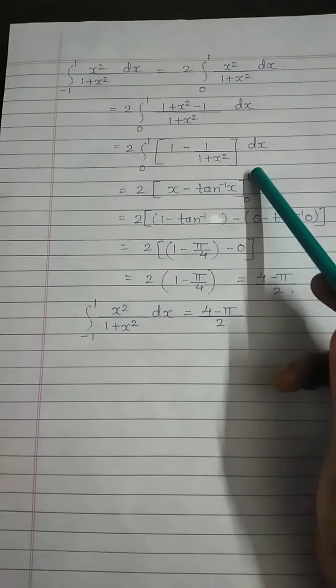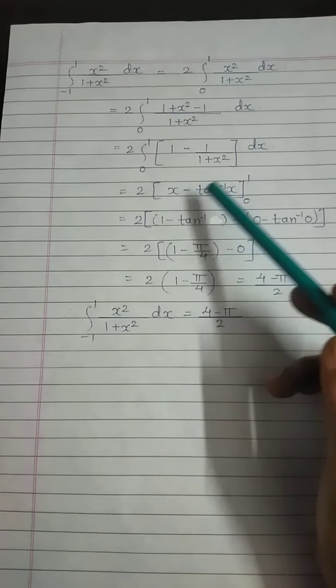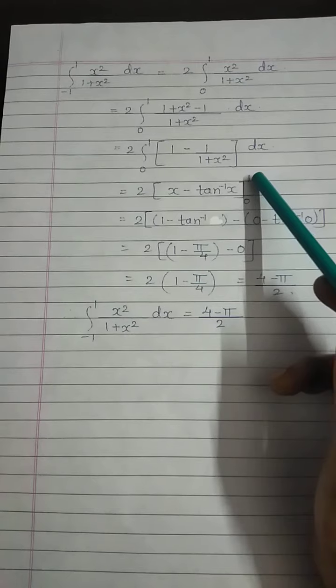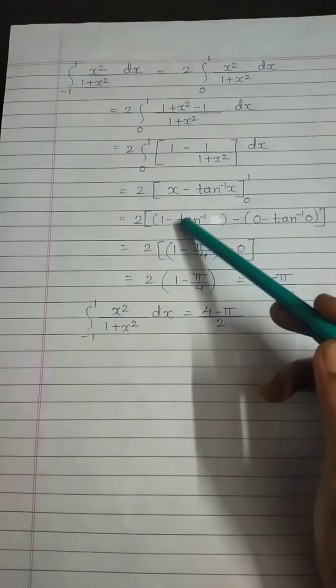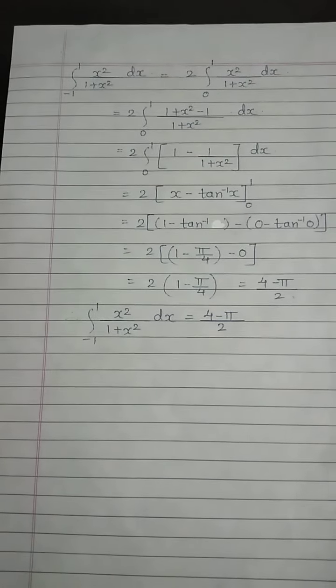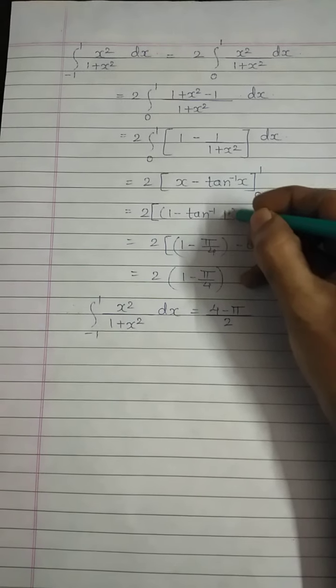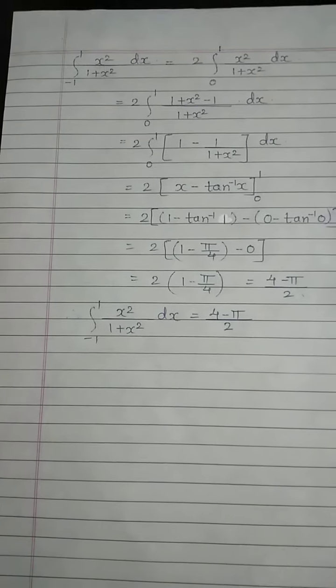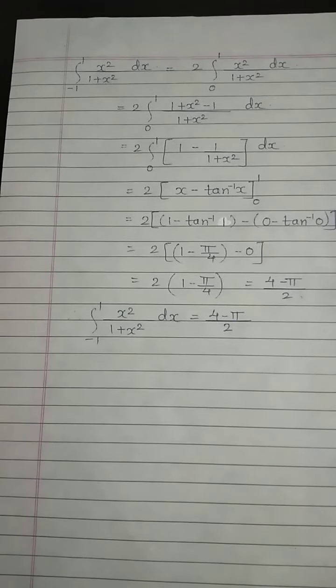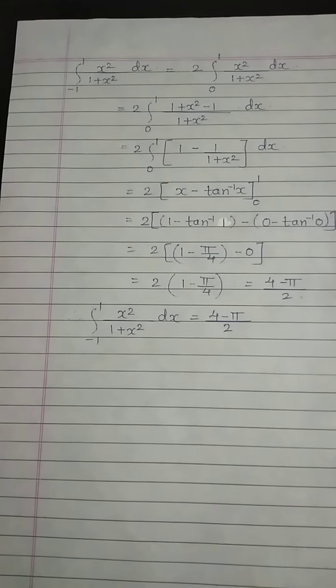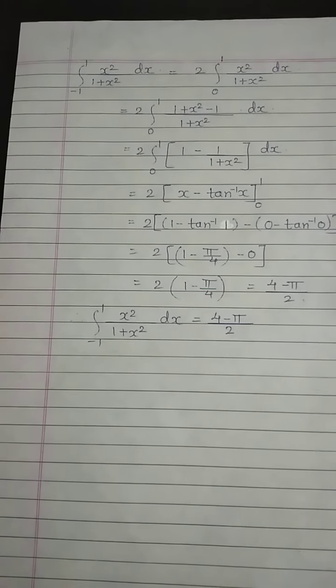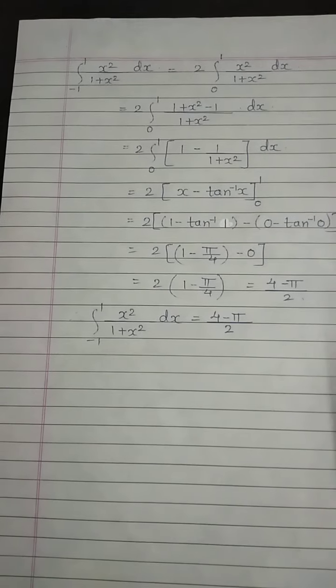and first we apply the upper limit minus lower limit. So here we will get 1 minus tan inverse of 1, minus 0 minus tan inverse of 0. Now we know that tan inverse of 1 is pi by 4.